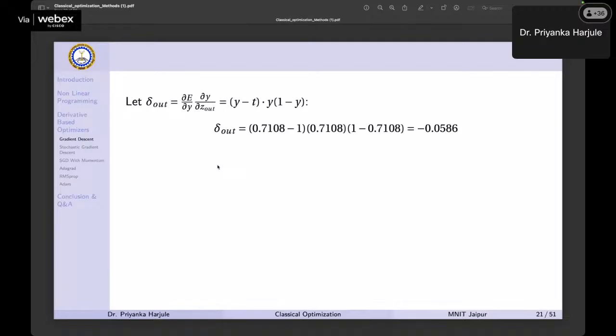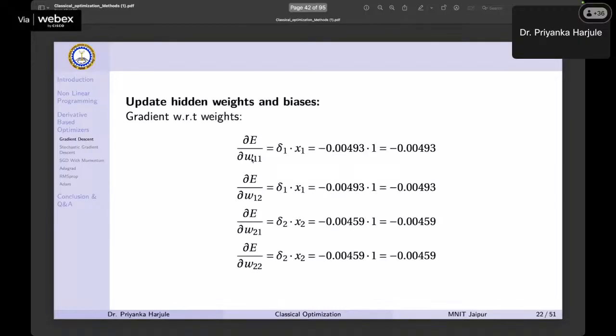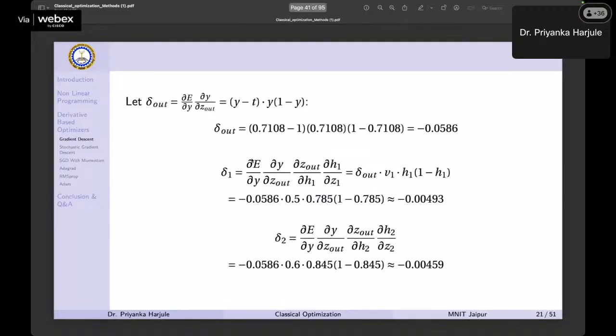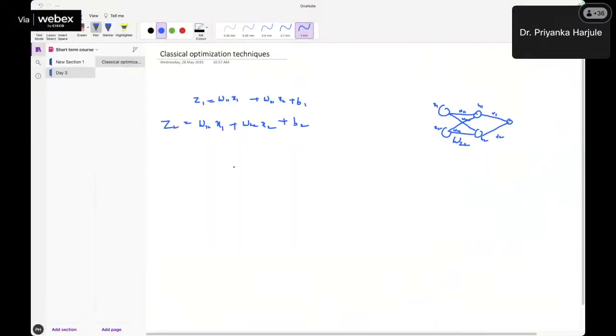So the update rule says that the weight W11 will be updated using the previous weight minus the learning rate times the change of error with respect to W11. Okay, so we will try to find this out. So let me give you that entire expression here.